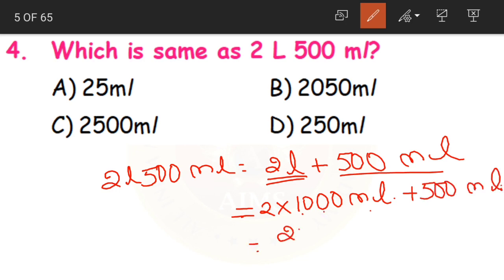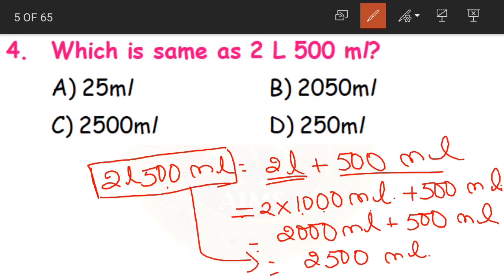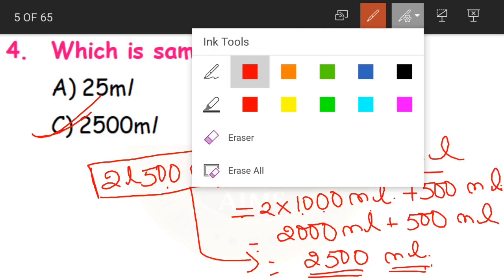Now 2 into 1000, 2000 milliliters plus our 500 milliliters. Now 2000 plus 500 becomes 2500 milliliters. So our quantity 2 liters 500 milliliters is the same as 2500 milliliters. That is option C. Is this clear, children?